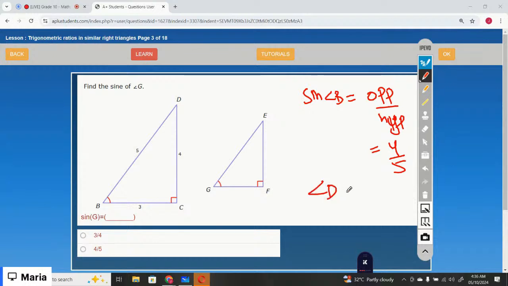That is 4 over 5. So angle B is similar to angle G, so sine of angle G is equal to 4 over 5. So the correct option is 4 over 5.